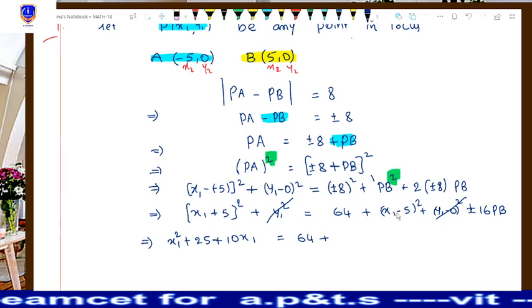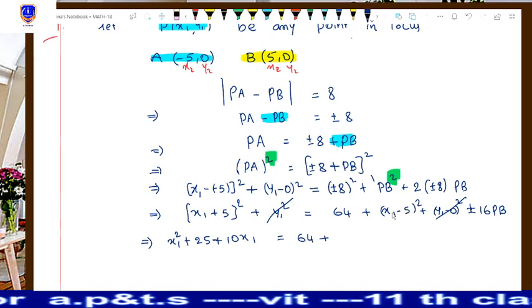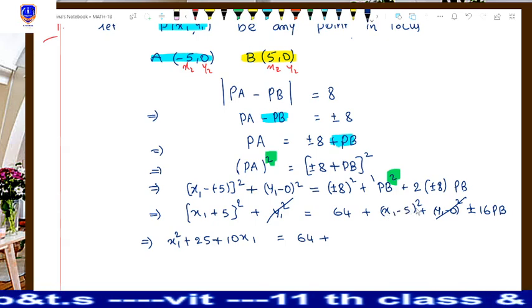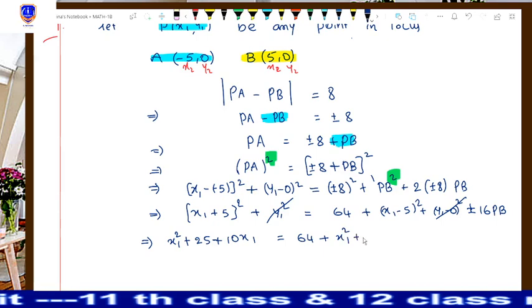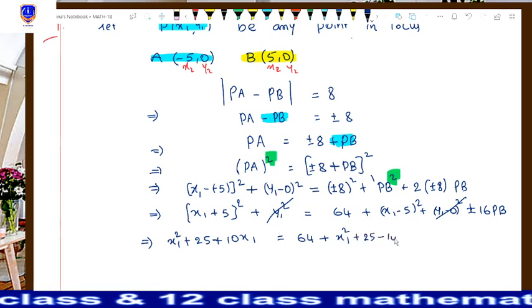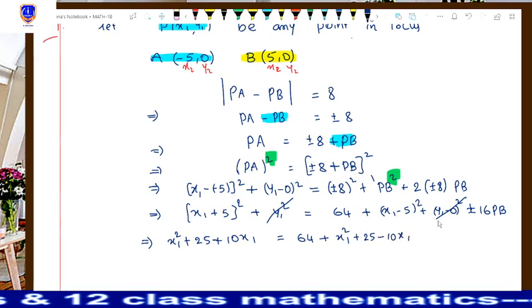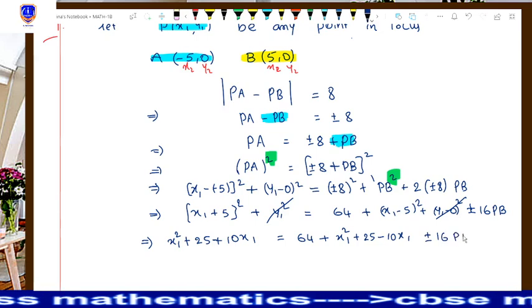Use the formula (a minus b) whole square for expanding this expression, (x1 minus 5) whole square: a square plus b square minus 2ab. Later, keep this term same.